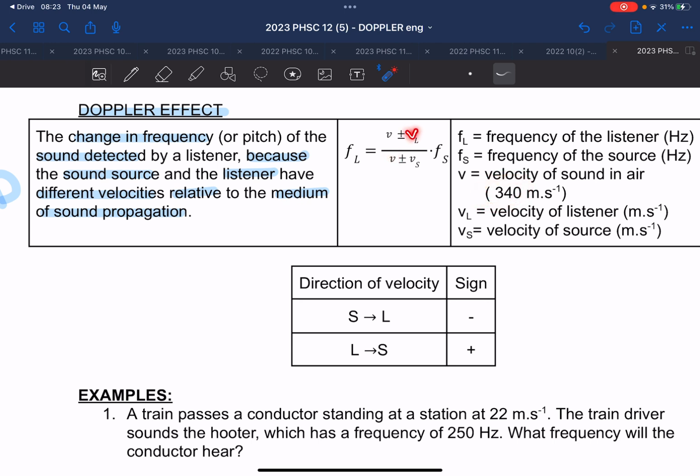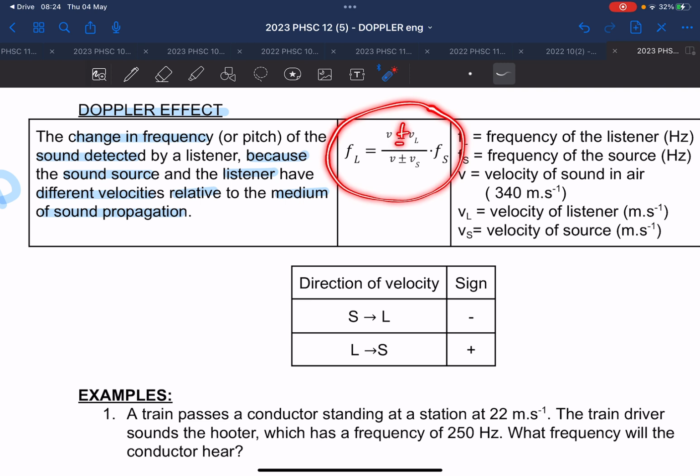And then you have the speed of either the listener or the source. The listener is the person hearing it with their ear. The source is the person making the sound. And then we have the frequency of the source, the ambulance or you or whatever is making it. So that is all in the formula.